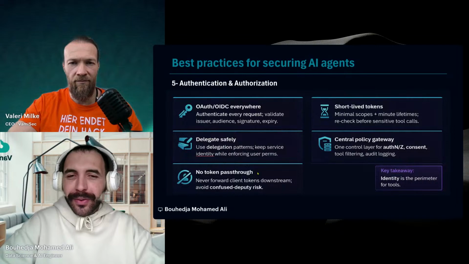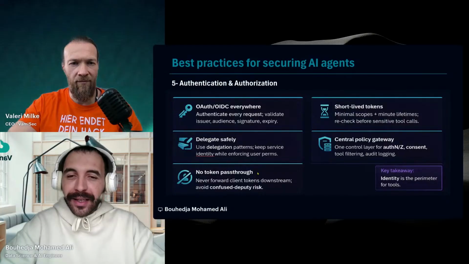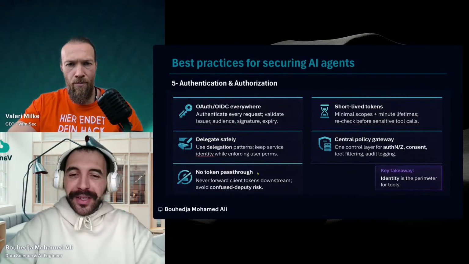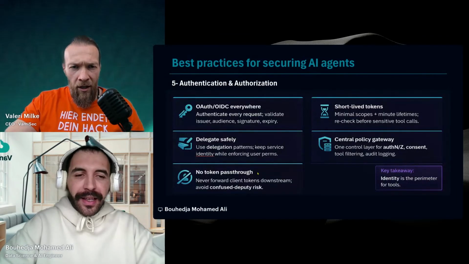Second, we use short-lived tokens with minimal scopes and minute-level lifetimes, and we check before sensitive tool calls to prevent any lingering access. Third, we delegate safely, maintaining the service's own identity while enforcing the user's permission, so it's always clear who is acting. Fourth, have a central policy gateway: OAuth, OAuthZ, consent, tool filtering.